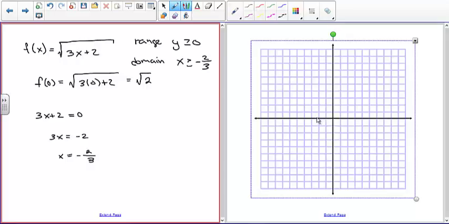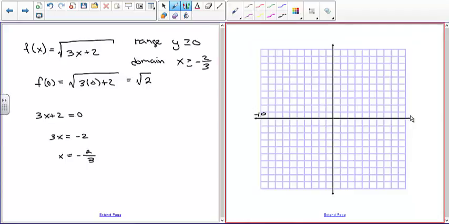Okay, so again, we'll go from negative 10 to positive 10 on both axes. So at x equals negative 2/3, just about here, y equals 0, and then we have y equals the square root of 2 at x equals 0, which is 1.41, and that's just 2 points.